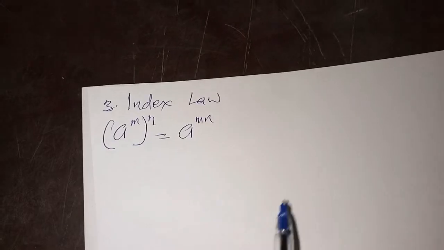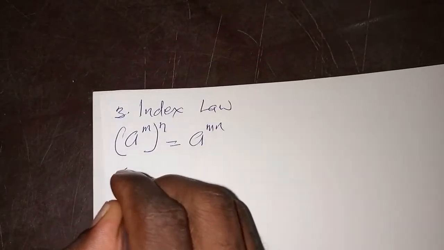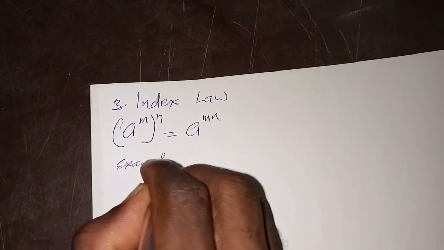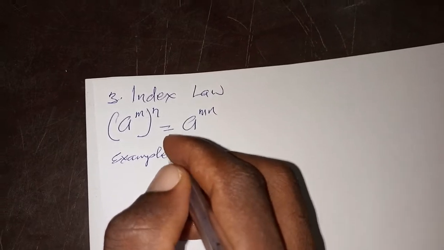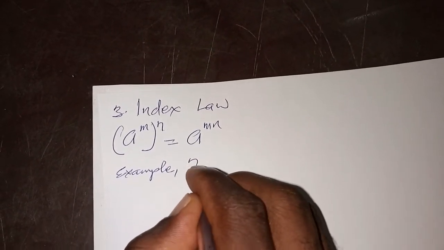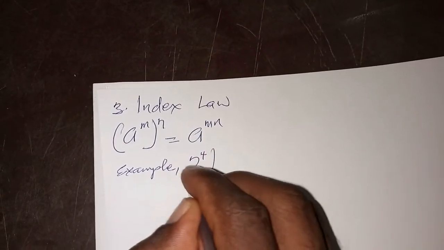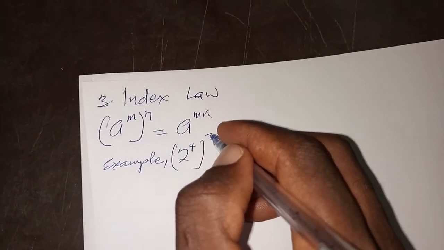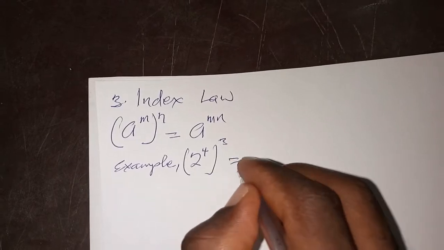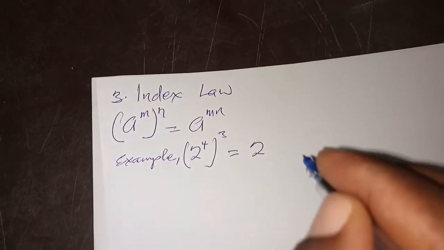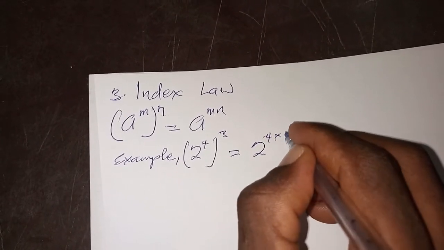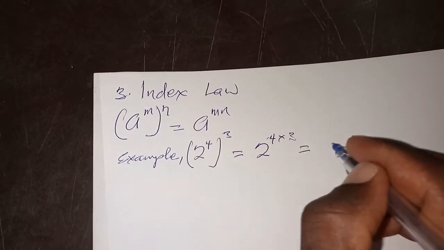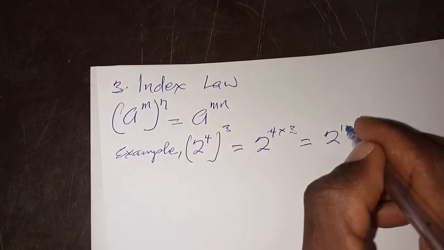So we take an example. If we have 2 exponent 4, all cubed, our answer is going to be 2 exponent 4 times 3, which will give us 2 exponent 12.